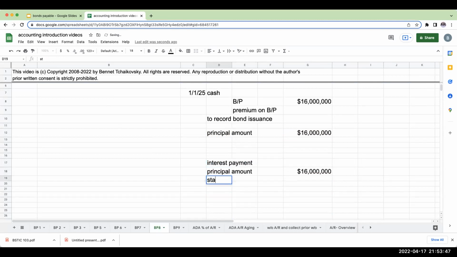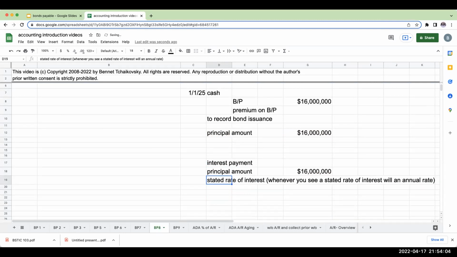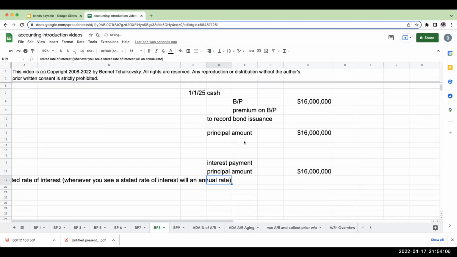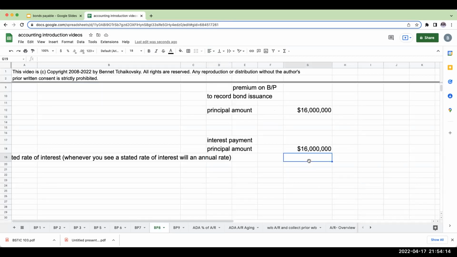Now, my stated rate of interest. Whenever I see a stated rate of interest, it will be an annual rate. Unless it says otherwise, the stated rate of interest is always going to be an annual rate of interest, so basically at a rate of 5%.